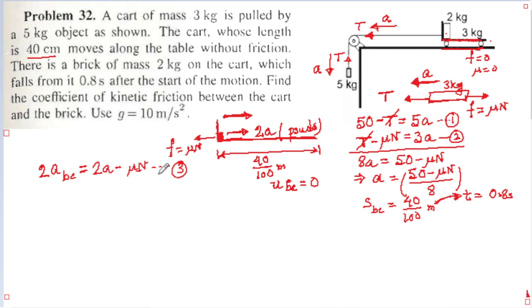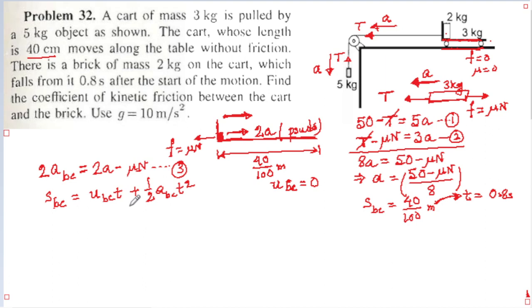And also the displacement covered, S_BC, the displacement of the brick with respect to the cart reference frame, will be equal to U_BC t plus half a_BC t squared.